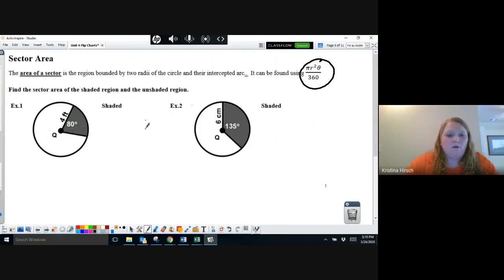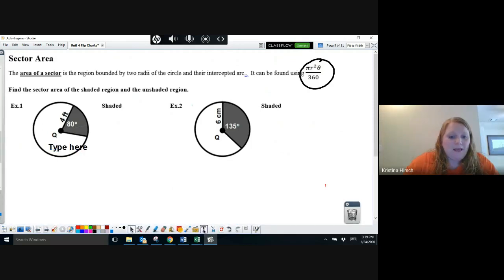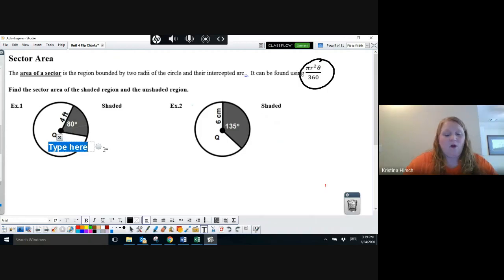First things first, if we look at example 1, if the shaded region is 80 degrees, how would I get the unshaded region? Well, if the whole circle is 360 degrees, what is 360 minus 80? We would get 280. So that portion of my circle is 280 degrees.